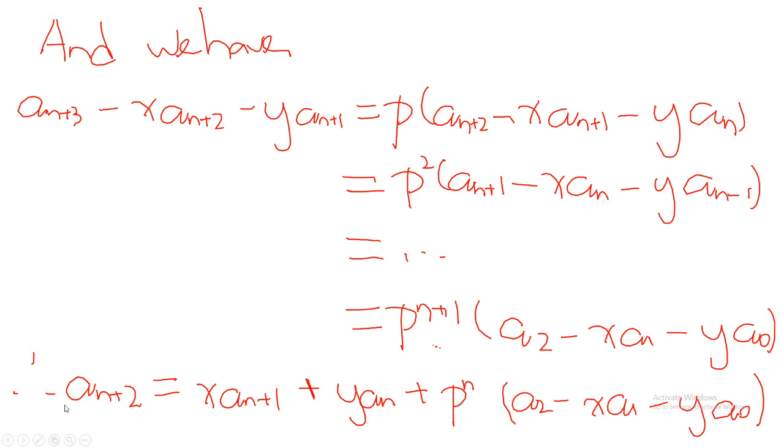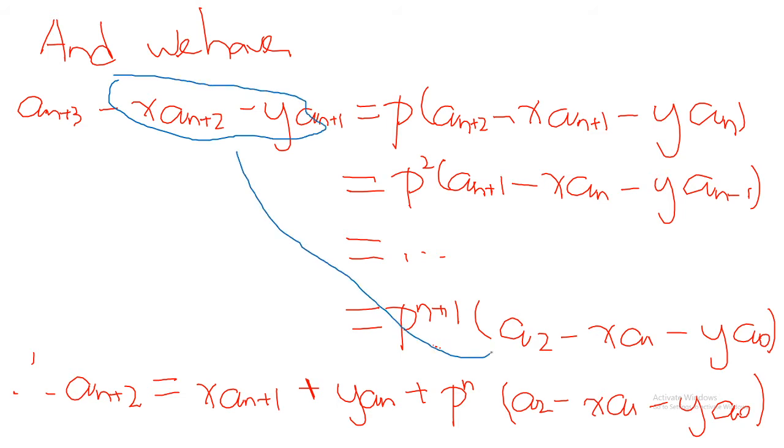So we can conclude that An plus 2 is x times An plus 1 plus y times An plus p to the n's power times this thing. Because we can happily replace n plus 1 with n here and move these two parts to the right.